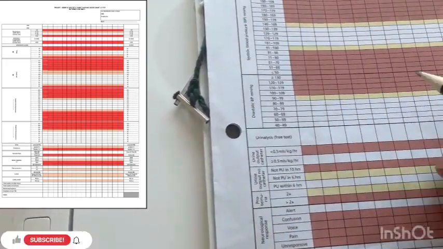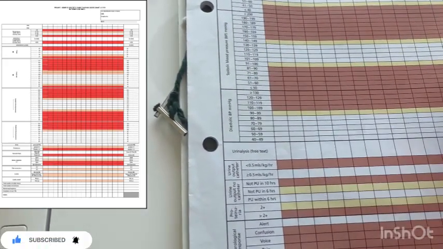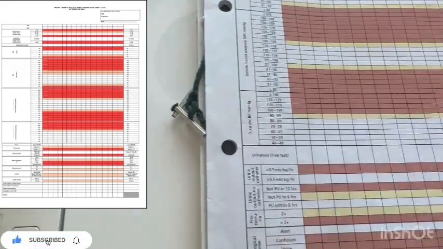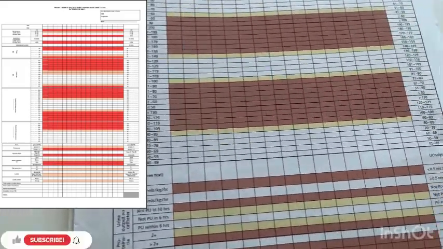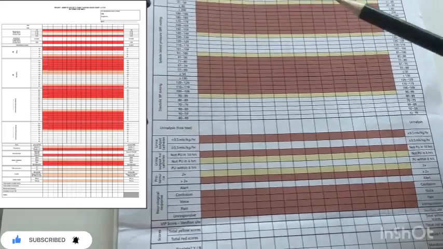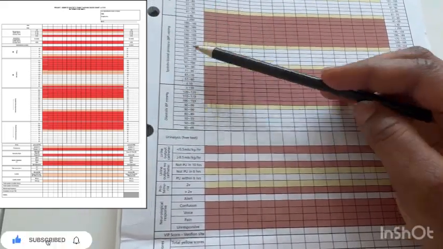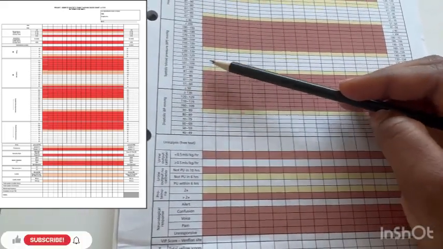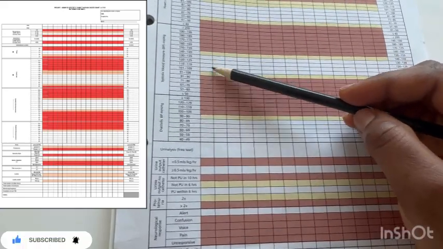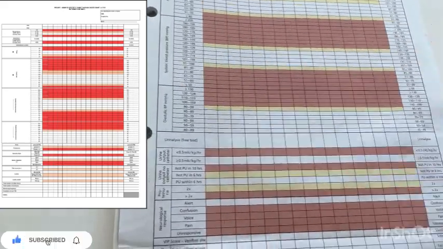You can see on the picture I've posted on this video. But just know that in all the parameters, the boxes are amber, red, and white.